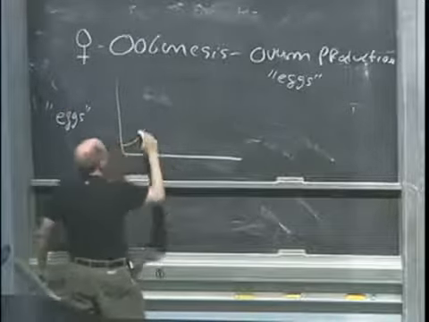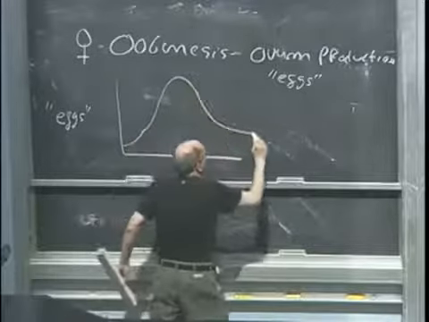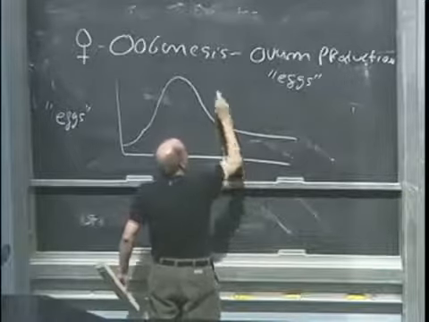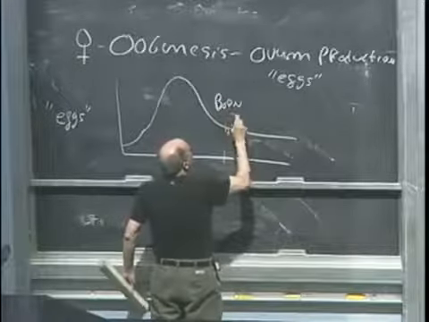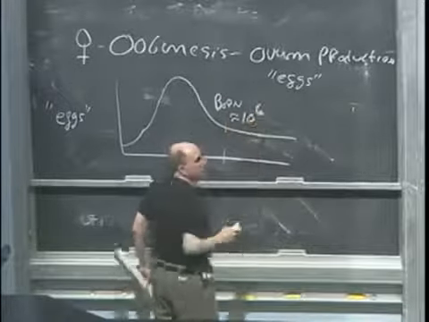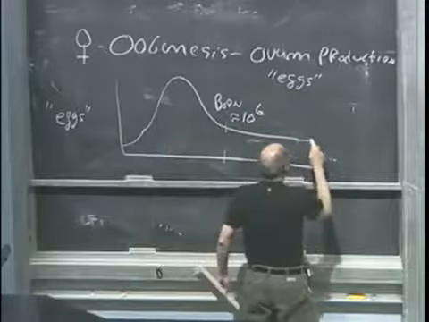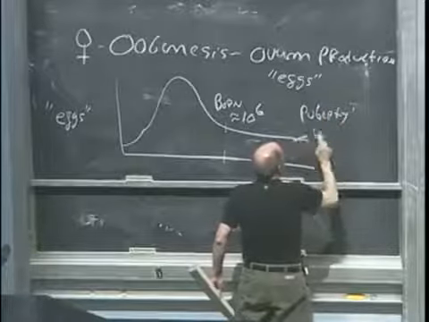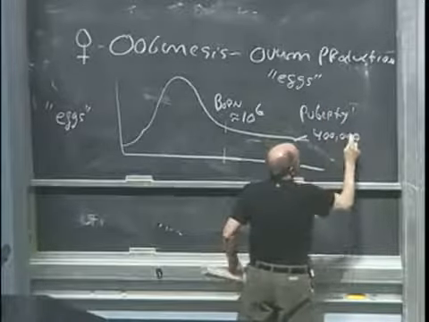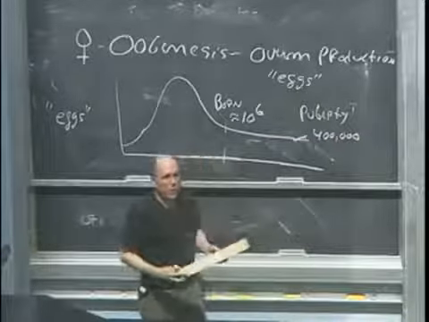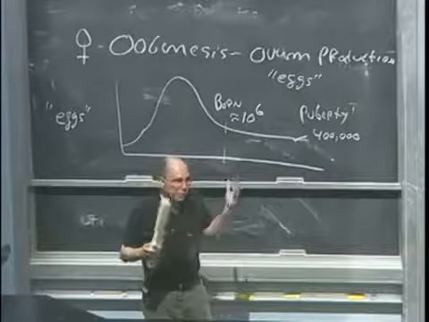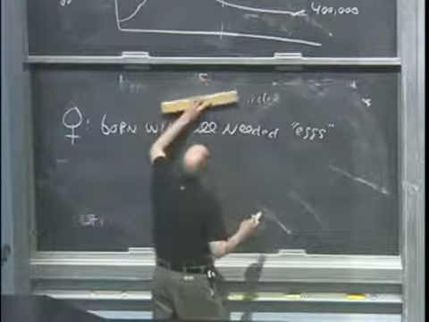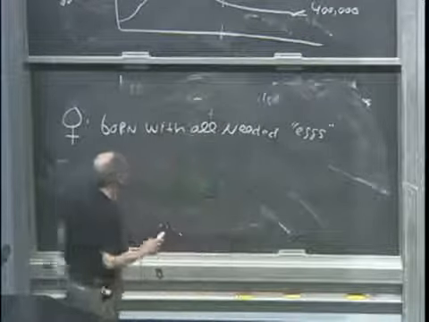This is conception. And the female is typically born, this is when they're born, with about 1 million eggs. And by puberty, what you have left is about 400,000, which, by the way, is way more than you'll ever need. So you do have many, many extra eggs. This is unlike males that are continually producing it.